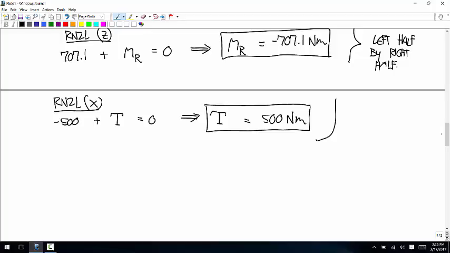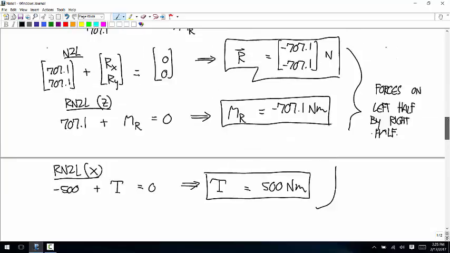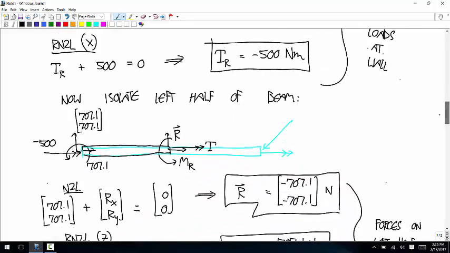All right, so the next question is, what would happen if instead of isolating the left half, we isolated the right half of this beam?